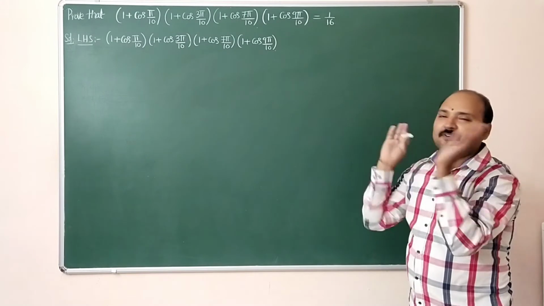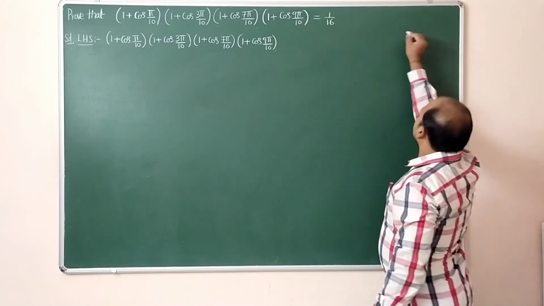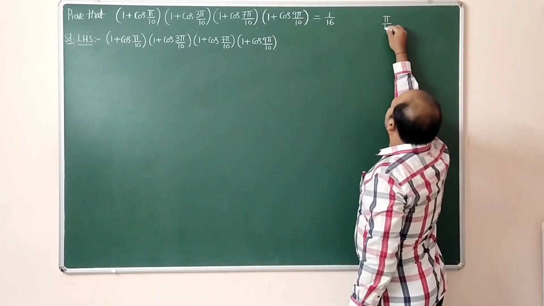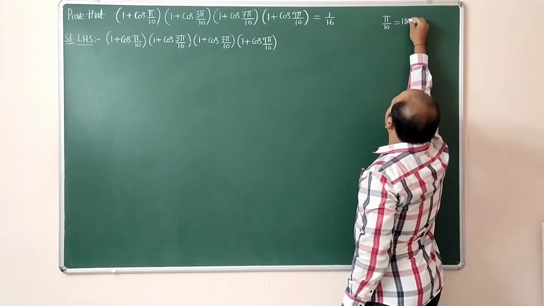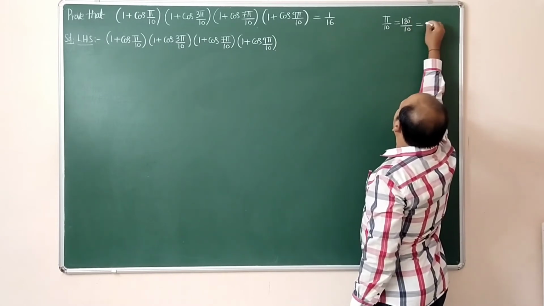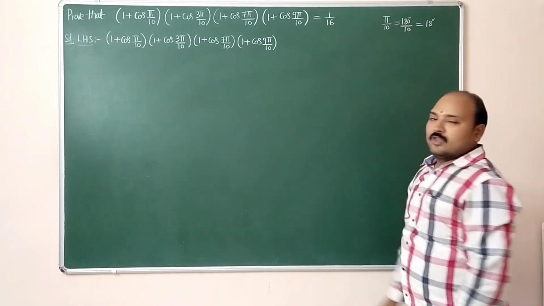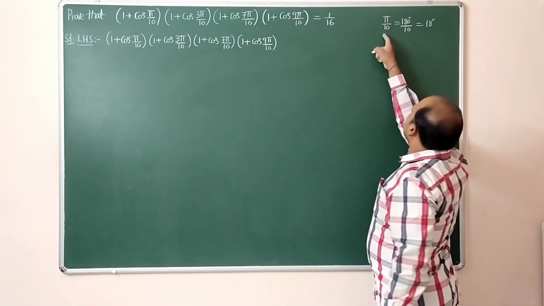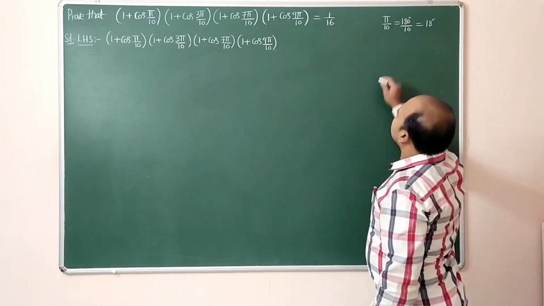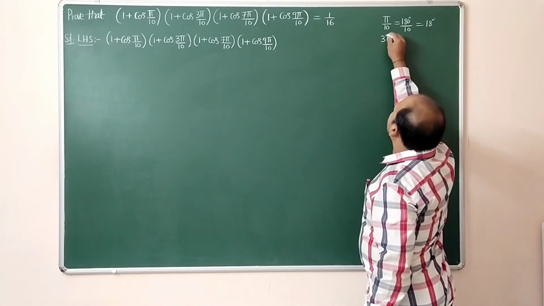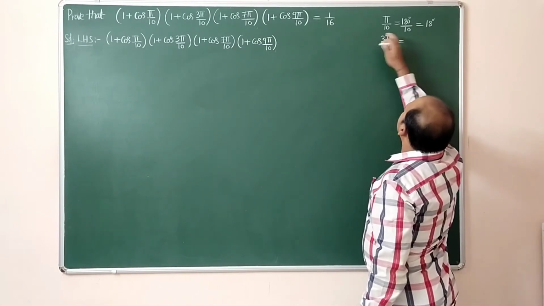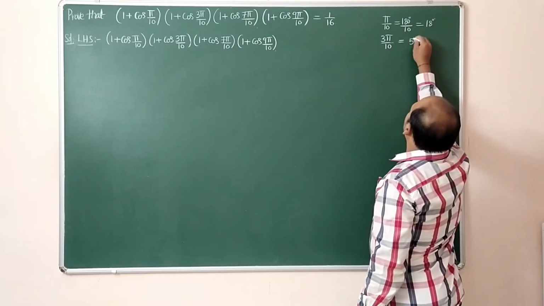First, we have to simplify the pi by 10 value. Pi means 180 degrees divided by 10, which is exactly 18 degrees. So, pi by 10 is equal to 18 degrees. Similarly, 3 pi by 10 means 3 times 18, which is 54 degrees.